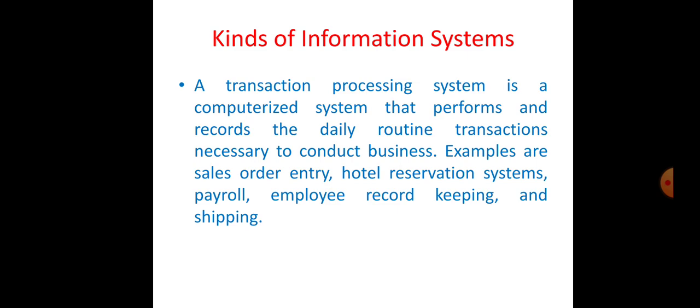The first type of MIS or information system is TPS, that is transaction processing system. A transaction processing system is a computerized system that performs and records the daily routine transactions necessary to conduct business. For example, sales order entry, hotel reservation systems, payroll, employee record keeping, and shipping.